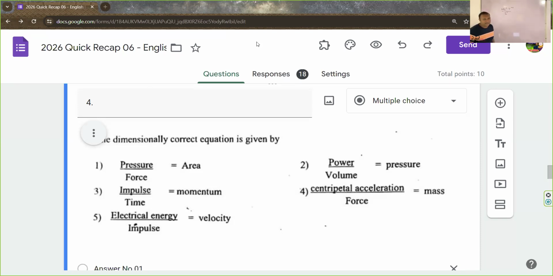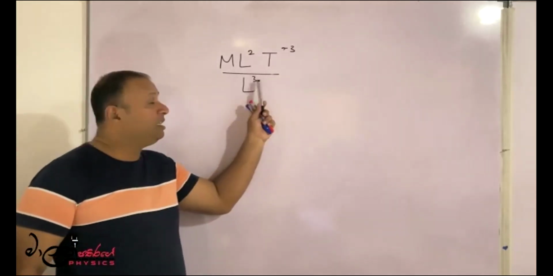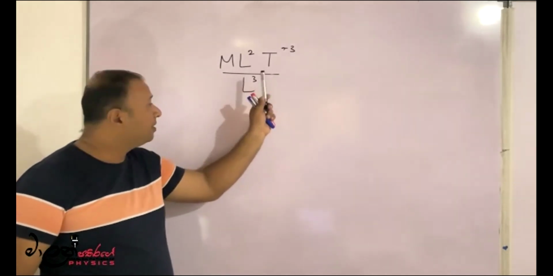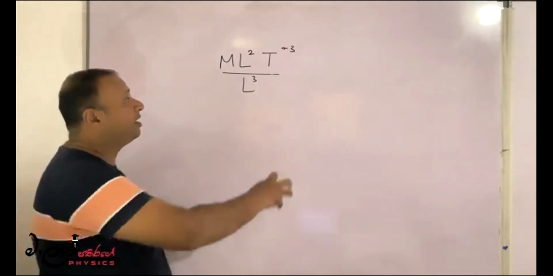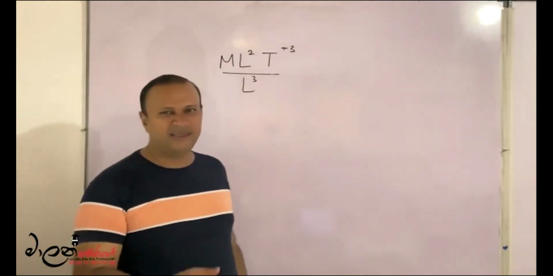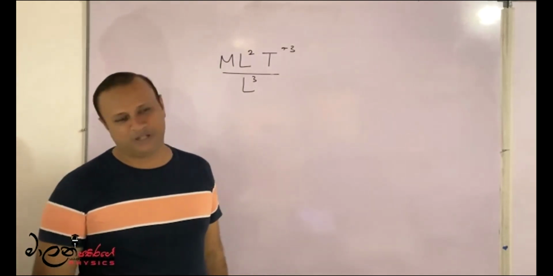It does not cancel out with the denominator, because there is no T term in the denominator. Therefore, we cannot cancel it out. So that should not be equal to the dimension of pressure.